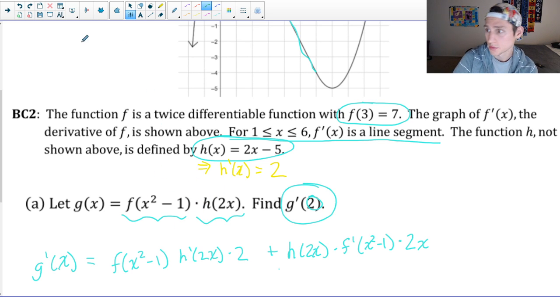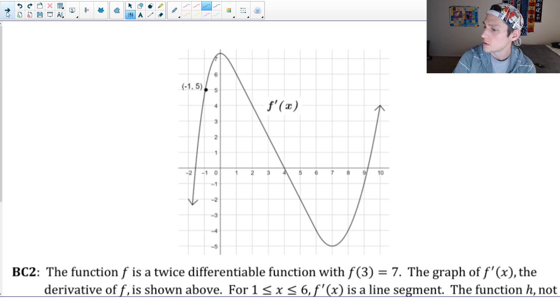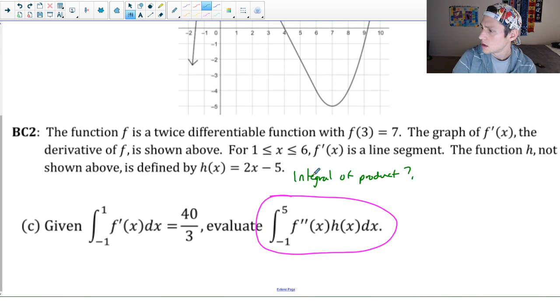So we used the product rule for derivatives: first times derivative of second plus second times derivative of first. Now I have another product, but now I'm taking the integral, the antiderivative. So what's the rule for integrals of a product of two functions? That's probably when we're going to have to use integration by parts.